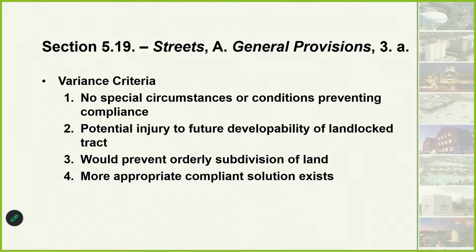In regards to criteria number 1, staff has not identified special circumstances or conditions that would prevent the property owner from complying. There is potential injury to future developability of that landlocked tract. This would prevent orderly subdivision of the land. And 4th, a more appropriate compliance solution does exist in the code.